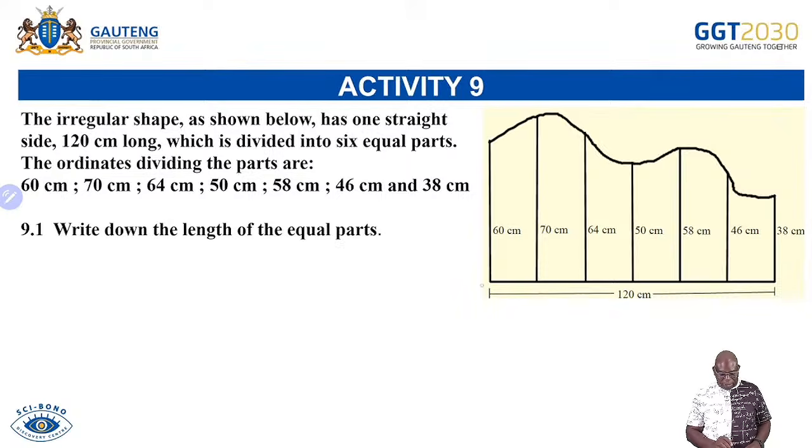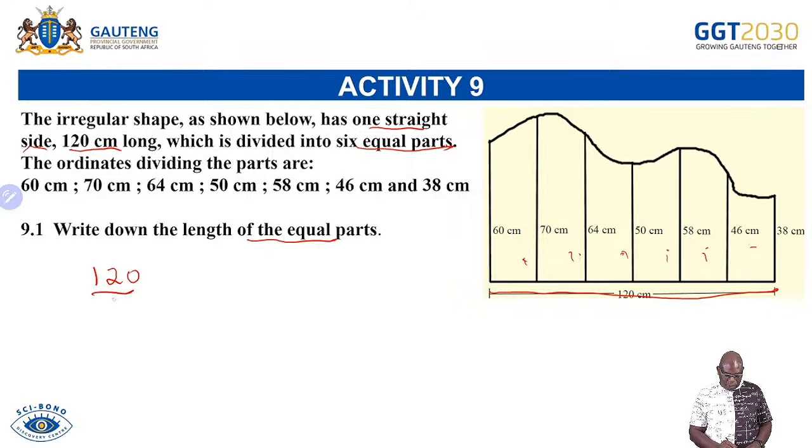Now it says, the irregular shape as shown below has one straight side, 120 centimeters long. It is divided into these parts. How many? 1, 2, 3, 4, 5, 6. So 6 equal parts, which means the length of the equal parts is going to be 120 divided by 6 centimeters, which is 20 centimeters.